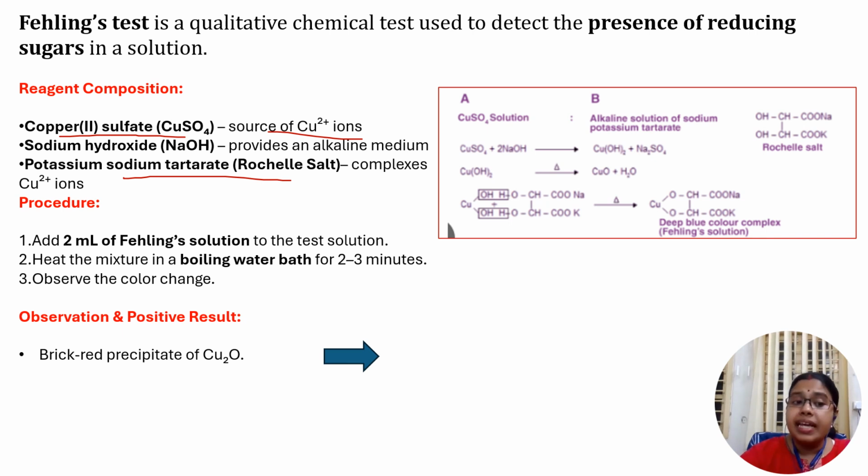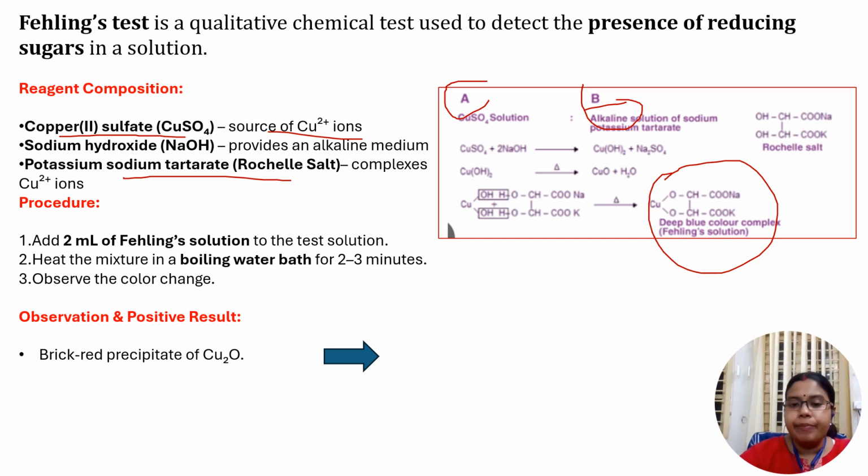It is the complex of Cu plus 2 ions. So the copper sulfate solution is the Fehling's A solution, and the alkaline solution of this potassium sodium tartrate is known as the Fehling's B solution. So if we mix this Fehling's A and Fehling's B solution, ultimately the Fehling's solution we will get.